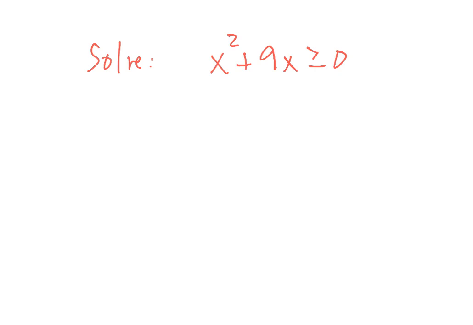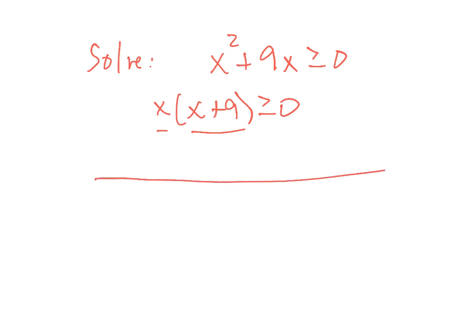Maybe you'll recognize the graph of that as a parabola. But we can factor it into linear factors, so that's what we're going to do. Take the x out, I get x times x plus 9. So now we have a first degree polynomial times a first degree polynomial. Now it's exactly like the problems we did before.